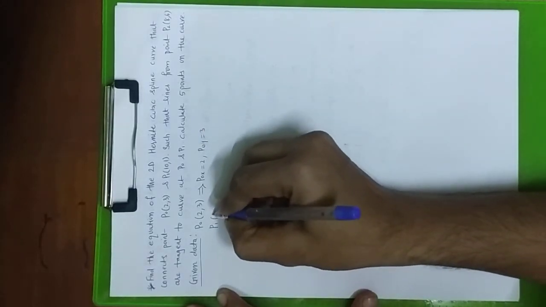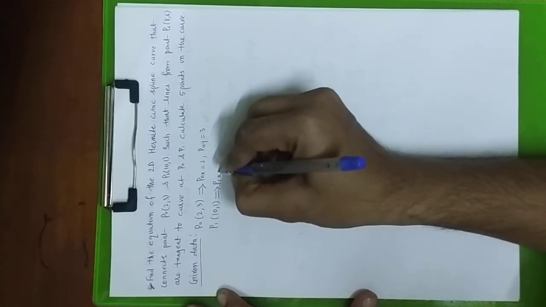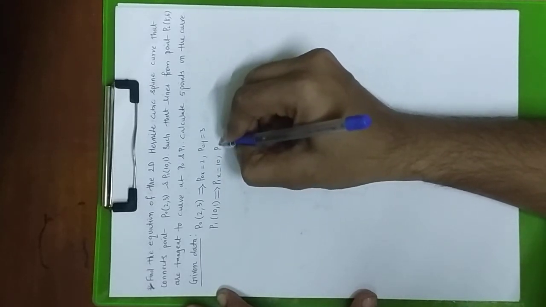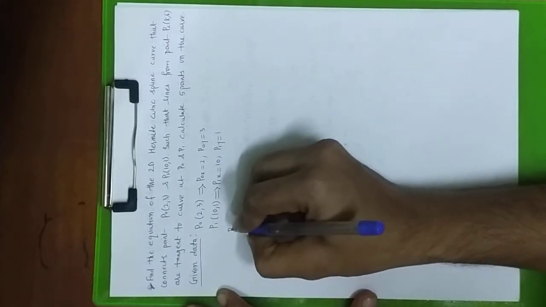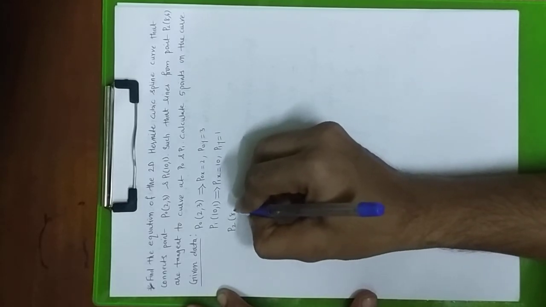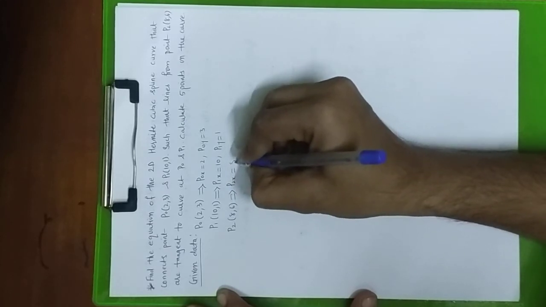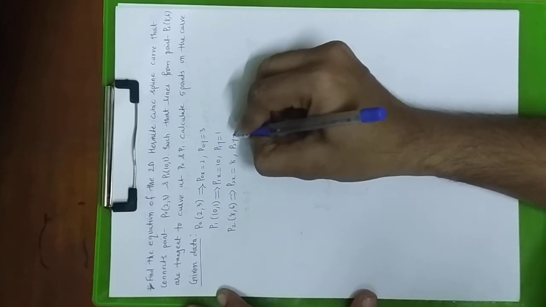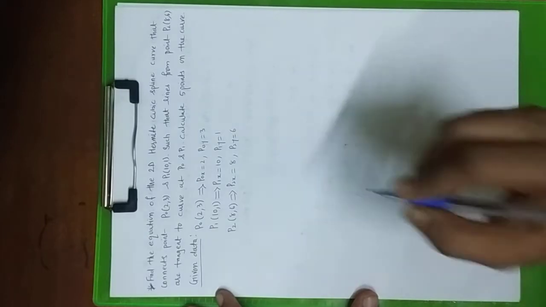Second, P1 (10,1), that is P1x equal to 10 and P1y equal to 1. The point P2 for the tangents is (8,6), that is P2x equal to 8 and P2y equal to 6. Okay, so this is given in the question.